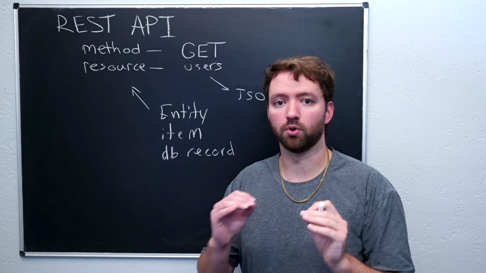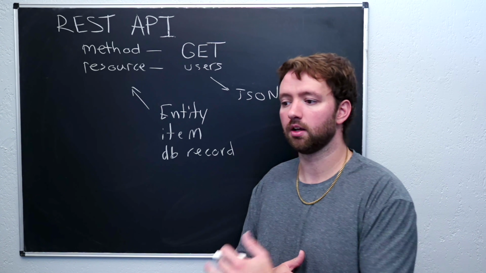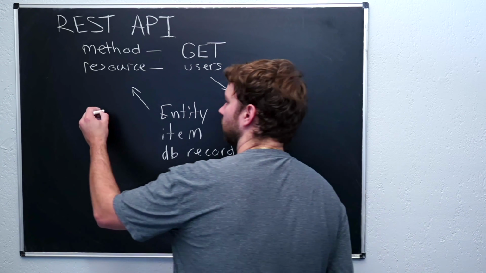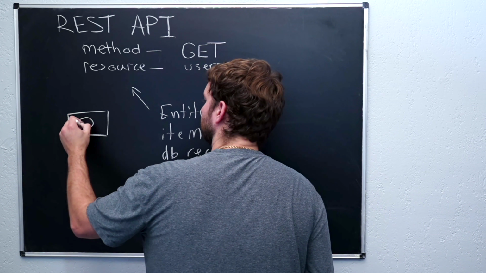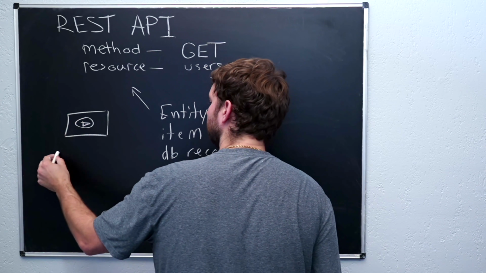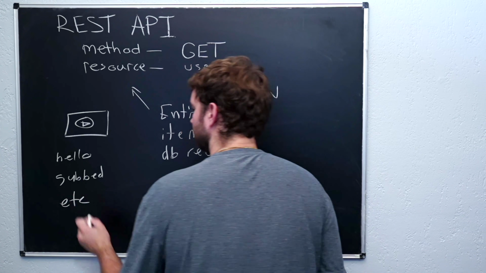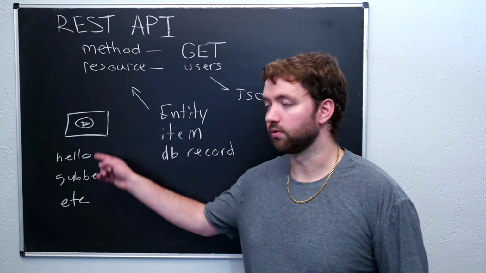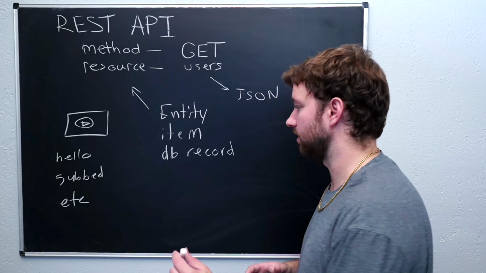I'm going to go through the example of comments posted on a website. So this could be a social media, it could be whatever you want, anywhere that you can post a comment. So let's say you have a video and people can post comments below. We need a way to be able to retrieve this information from the backend, and we don't have direct access to the database.